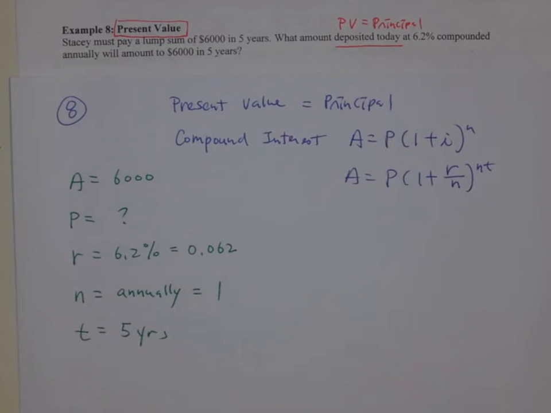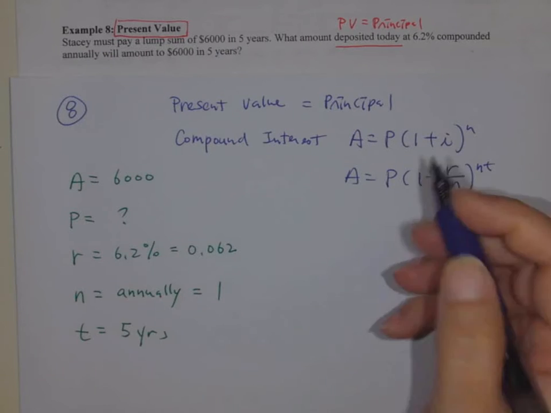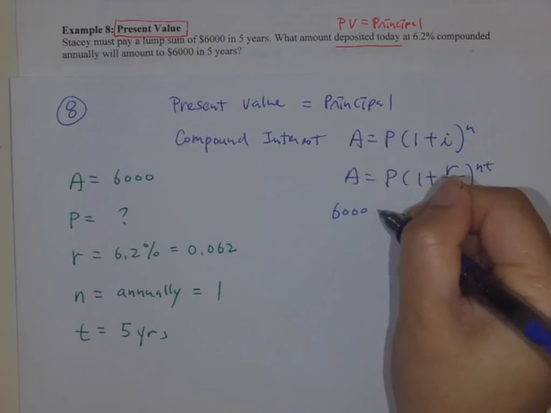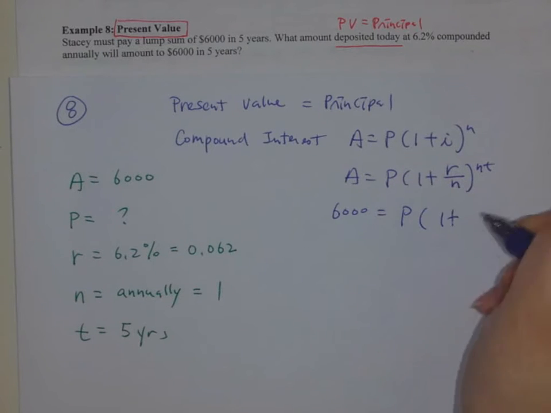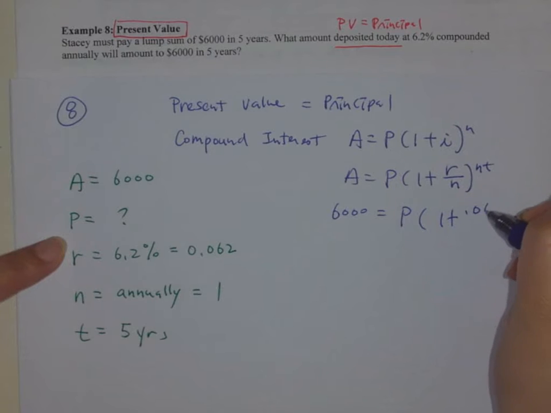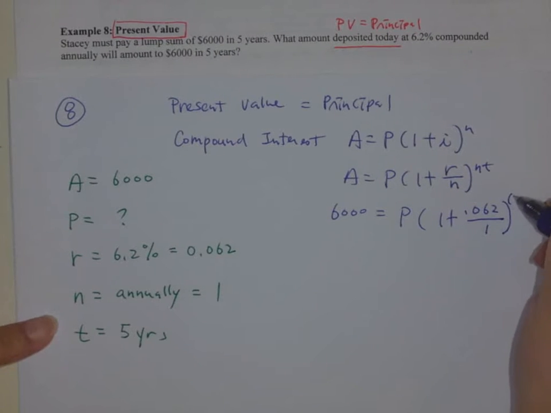So hopefully you get that correct. And then we're going to plug it into the formula. A is 6,000. We don't know P, (1 + 0.062/1) raised to 1 times a year for 5 years.